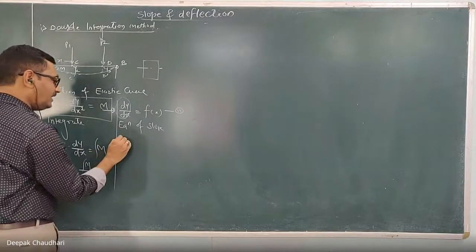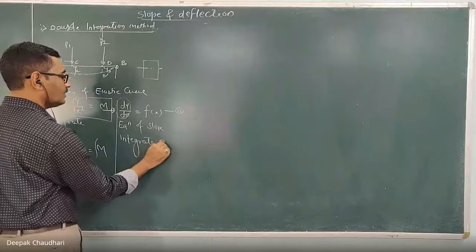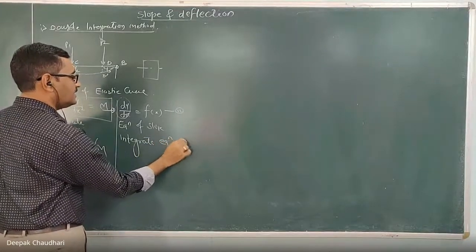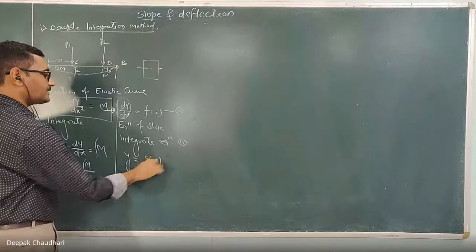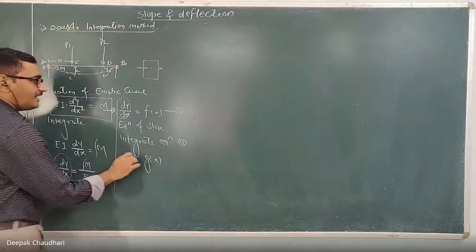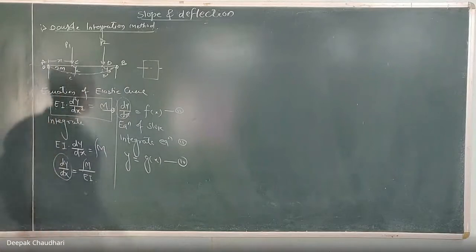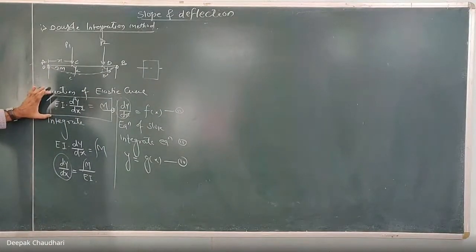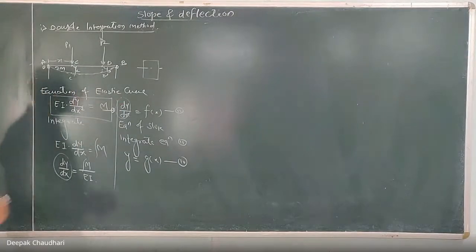Now if I again integrate this equation 2, you will get y as some other function of x, and this equation 3 is the equation of the deflection. If you integrate the differential equation of the elastic curve once, you will get the equation of the slope.